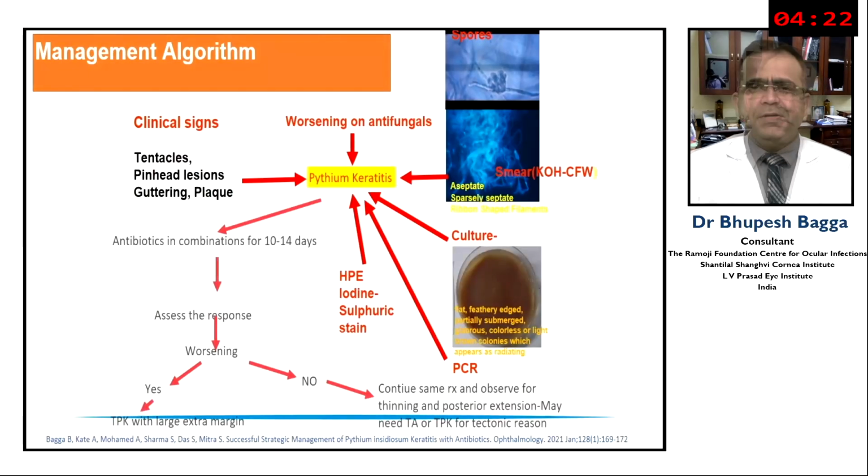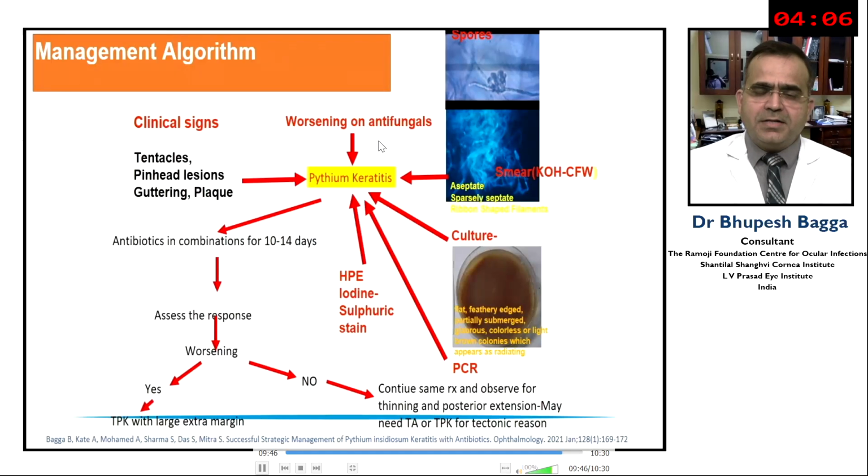Based upon experiences gained in the last 5 years, we came out with this management algorithm: whenever you have these clinical signs such as tentacles, pigmented lesions, guttering or black lesion, and the patient is worsening on antifungals, start thinking in line of Pythium keratitis. Look carefully at Gram and KOH smears, culture, as well as perform PCR to confirm Pythium, and the formation of zoospores in aquatic media.